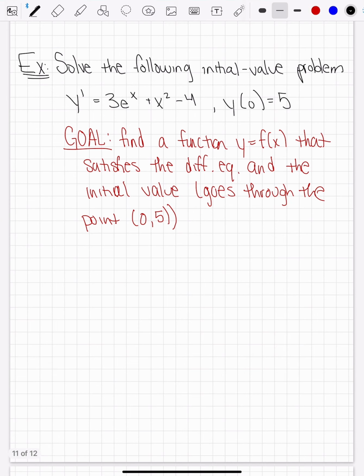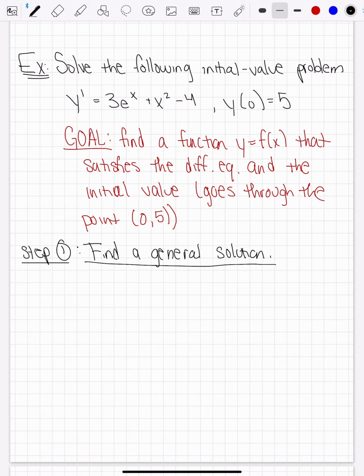Okay, so remember, we want to find y. Well, the first step will be to find a general solution. Whenever you're solving an initial value problem, you first always find the general solution and keep the constant as c. And remember that the initial value problem is what's going to give you your c.